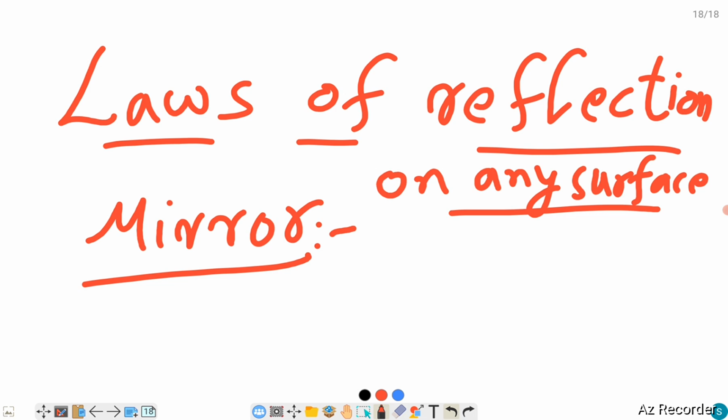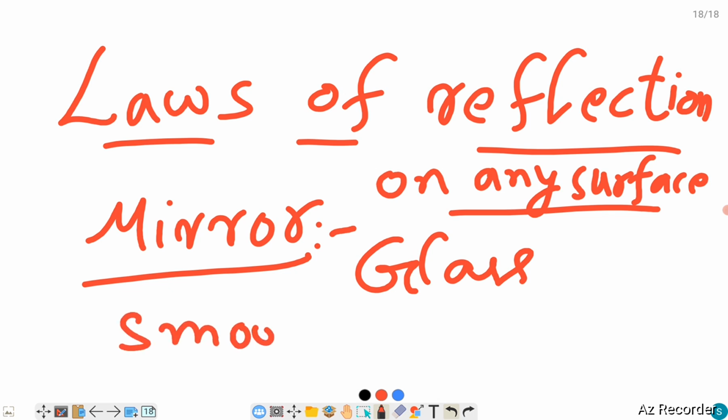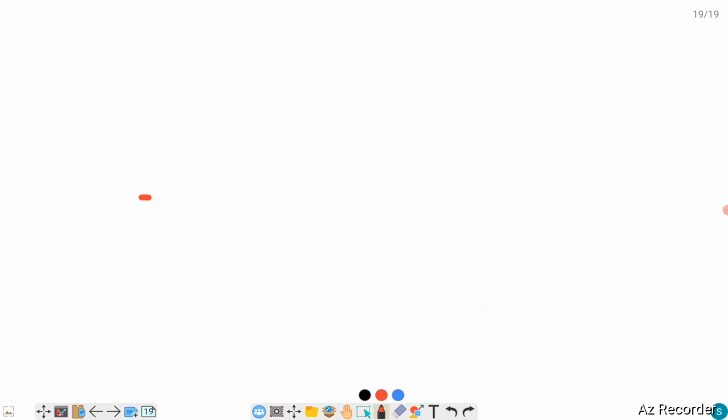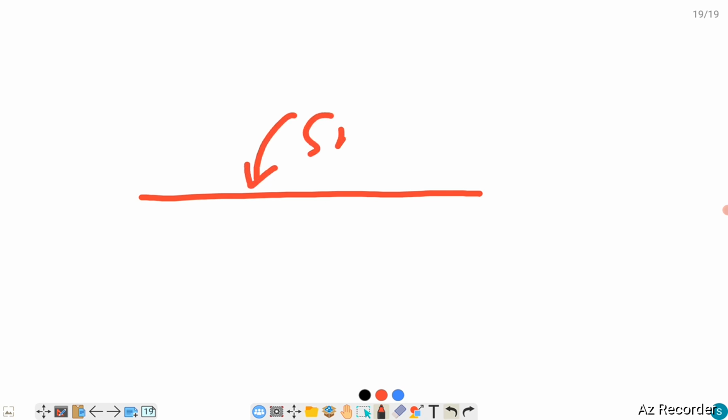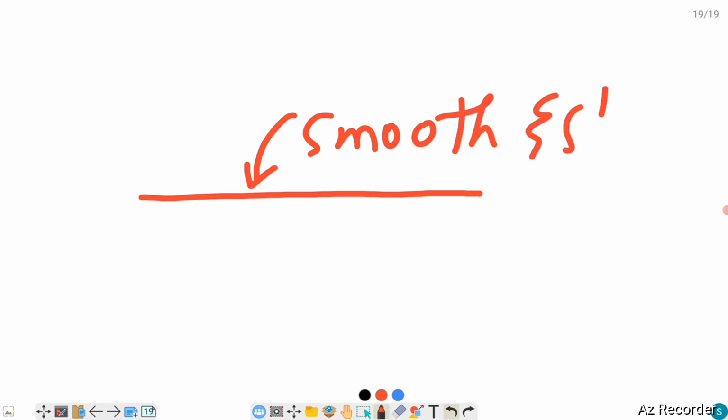So that we will learn what is mirror. Mirror is a glass. Okay, we'll take a smooth, shiny glass surface. Then what we will do is, for this glass surface, behind this, here front side, it will be smooth and shiny. Glass only. Okay.